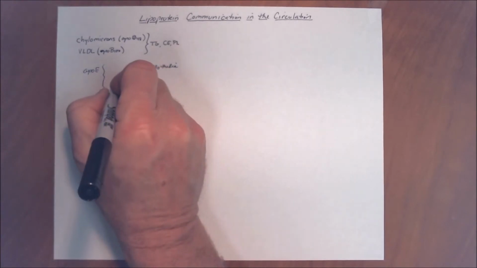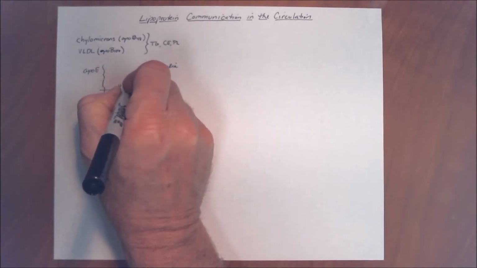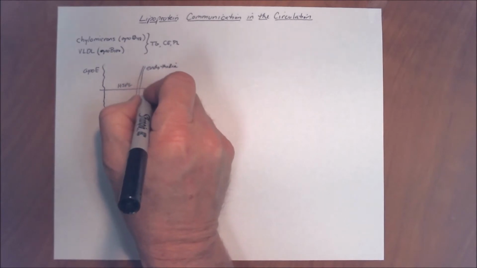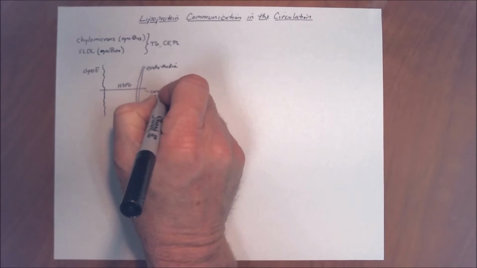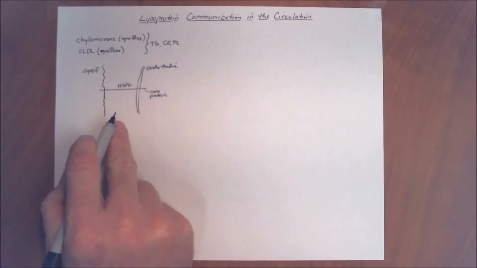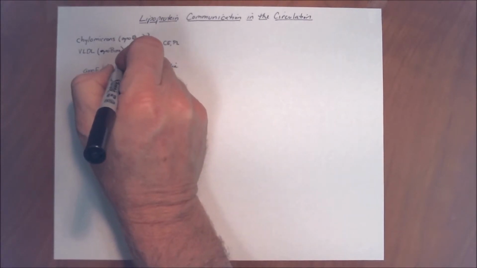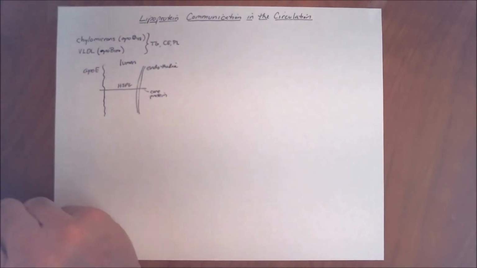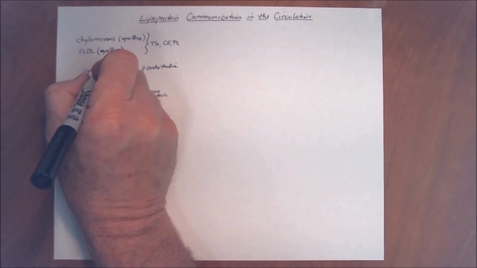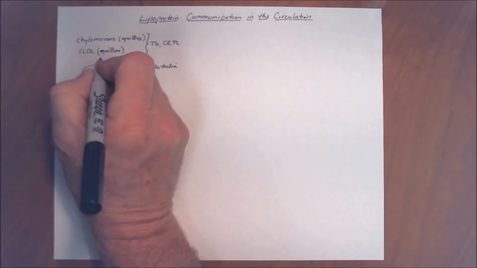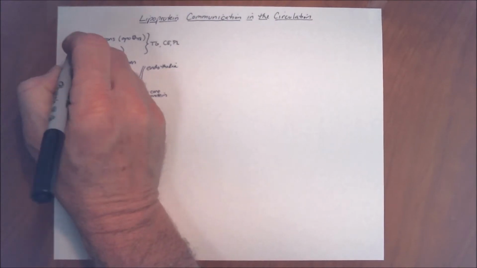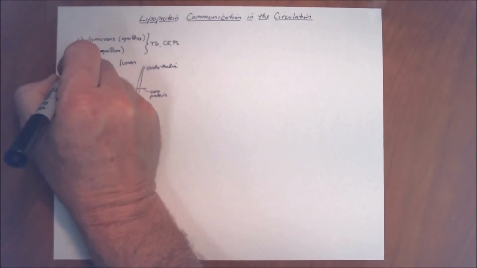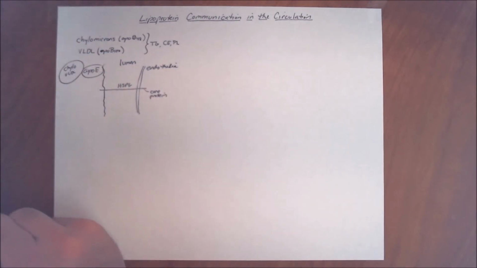The HSPG is a transmembrane protein, core protein here, which faces the lumen of the blood vessel. ApoE is an apoprotein that is an accessory protein that binds to either the chylomicron or VLDL.